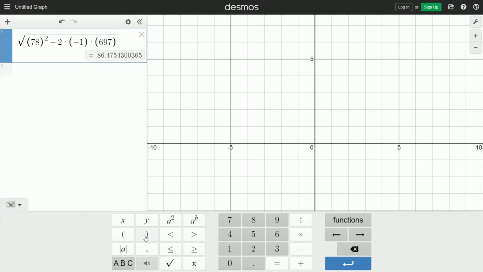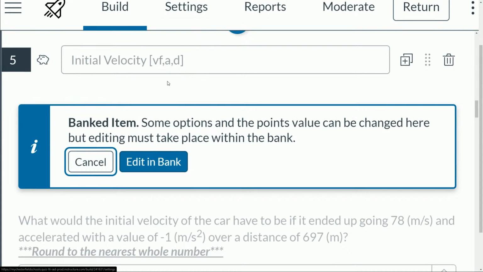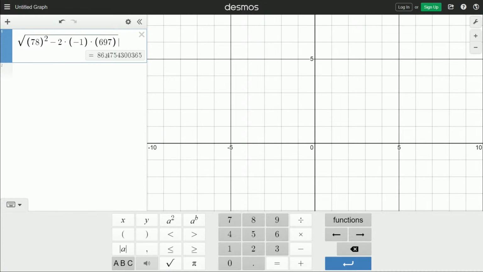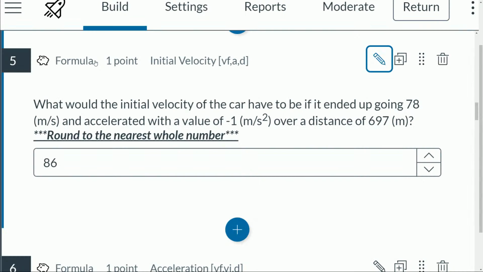Then I close parentheses. If I look back at the problem, round to the nearest whole number, so 86. And if I look at this, it's 86.475. So this would round down. Cool.